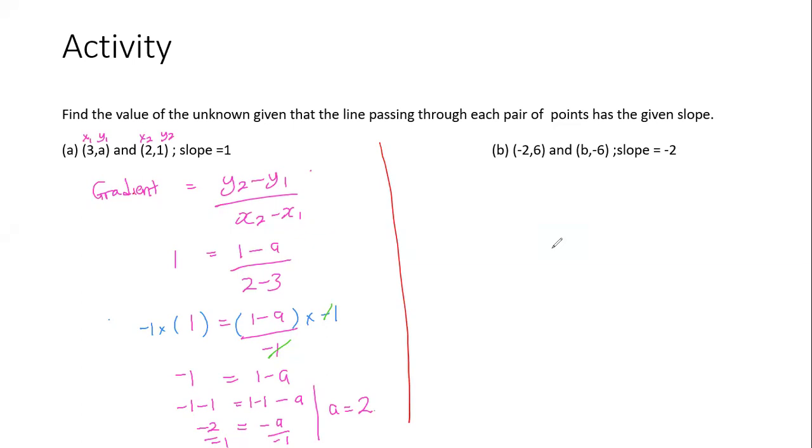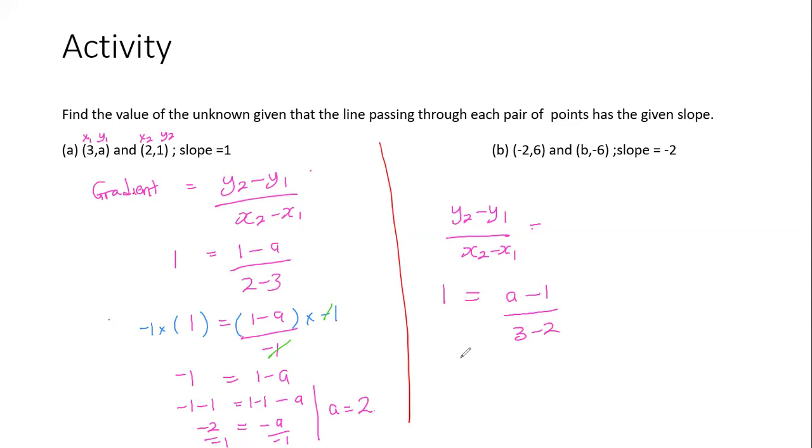Mine was y2 minus y1 out of x2 minus x1. So 1, the gradient, is equal to a minus 1 out of 3 minus 2.